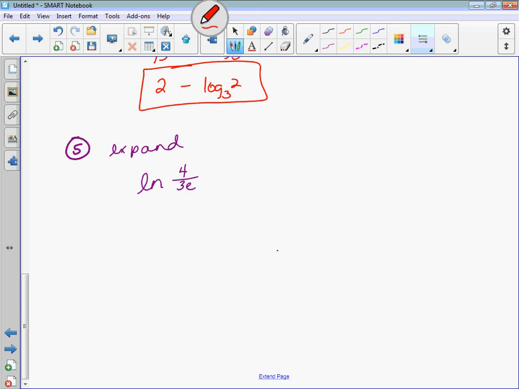So, natural log of 4. And then I would just use parentheses to make sure you understand what you're actually doing here. So I'm dividing by the 3 and the e, right? But it's 3 times e. So I'm going to do minus natural log of 3 plus natural log of e. And yes, natural log of e is 1.